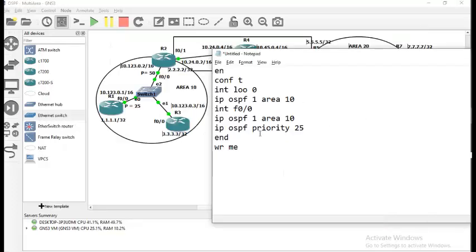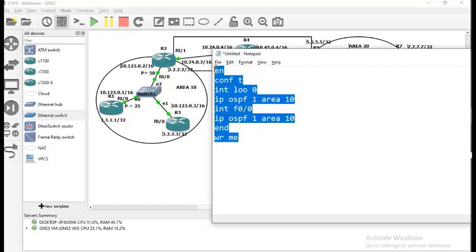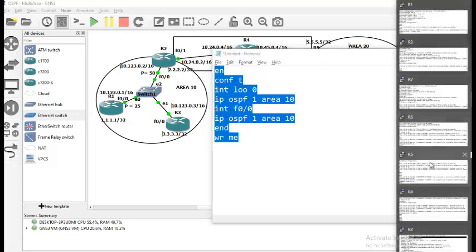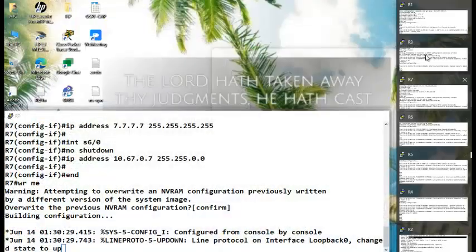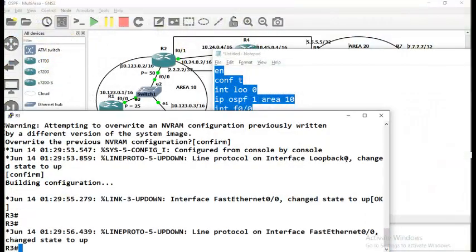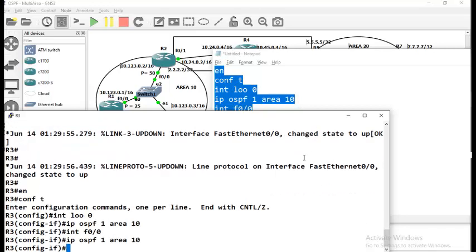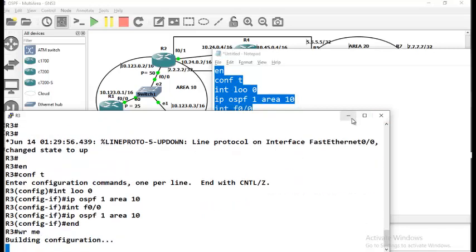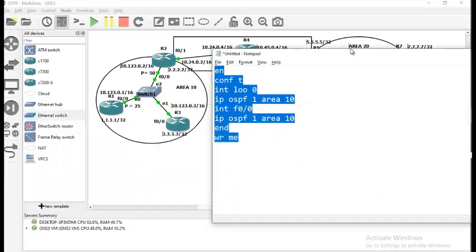Now, it's the same configuration except this one. All the rest are going to be the same for router 3. Done. So 1, 2, and 3 are over.